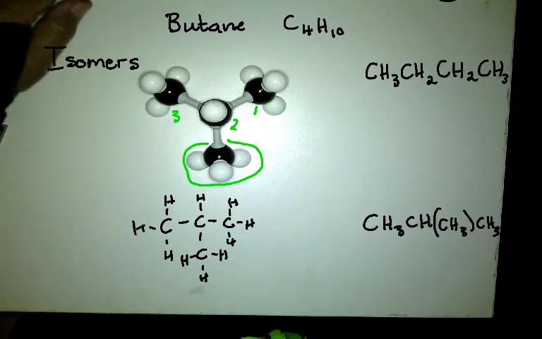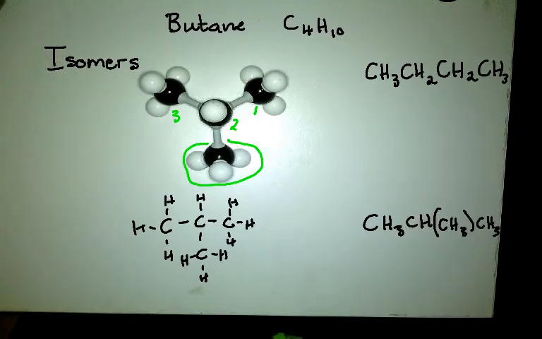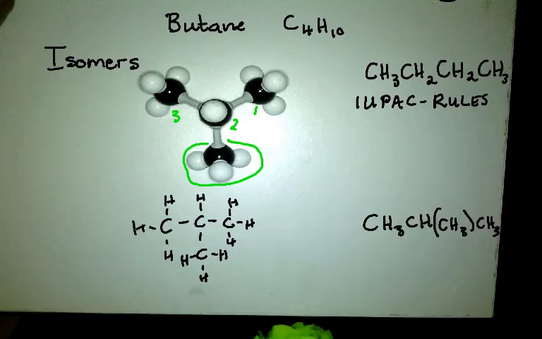Now, in order to name this compound, we need to use the IUPAC, International Union of Pure and Applied Chemistry rules. The longest chain determines the base name. So the alkane with 3 carbons in the chain is called propane.